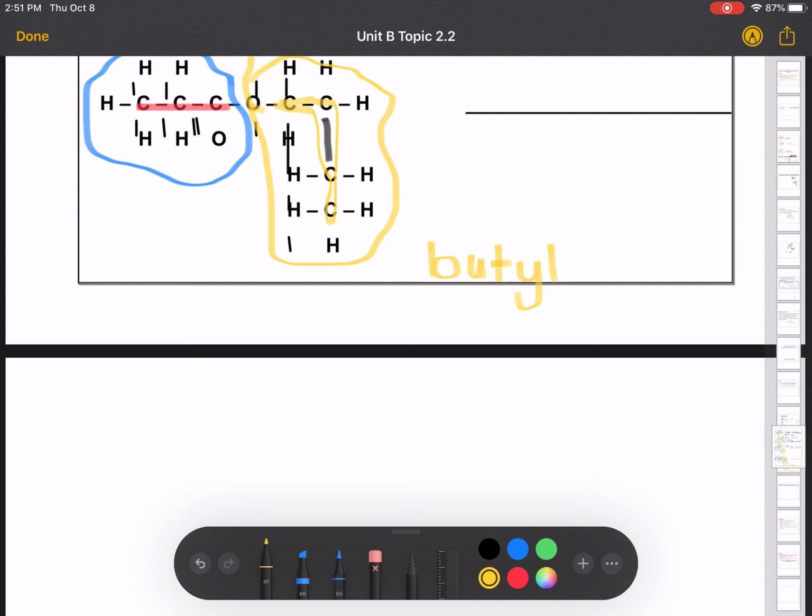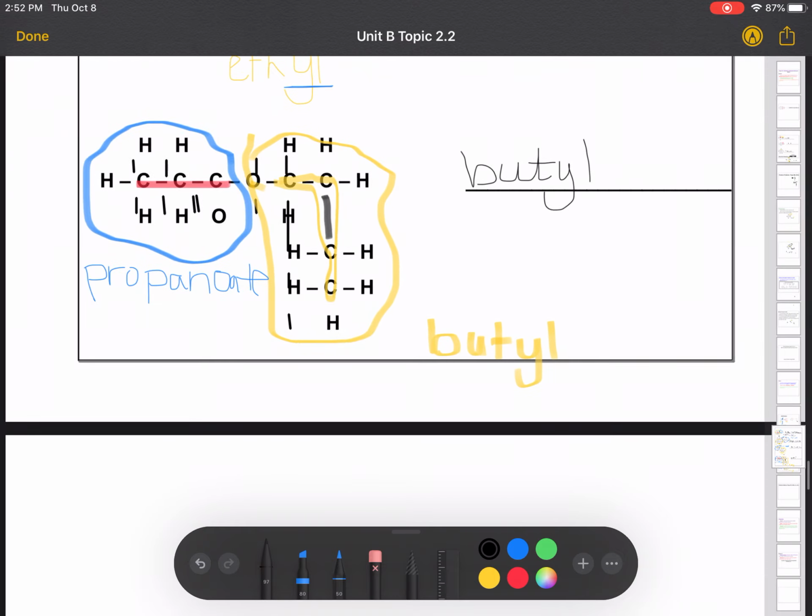So this actually is propan, and then we write oate at the end. So I was right when I said propanoate. So this final answer becomes butyl propanoate. I don't know if I have enough room, I will write it underneath. All right, so that's our final answer on that one, and that's how you would name that.